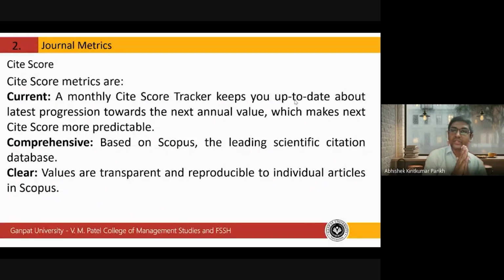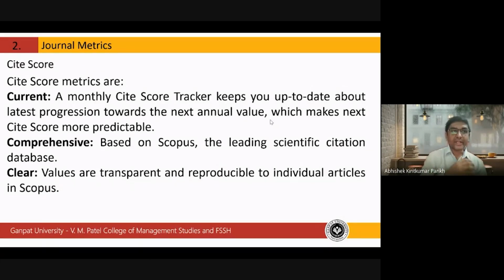Comprehensive is based on Scopus and the leading scientific databases only. So what exactly this comprehensive CiteScore means is, it is not including any citation except for citations in a Scopus-listed journal. So let's say, for example, my article is published in the Indian Journal of Finance, and I am citing an article from a finance journal which is not part of Scopus.